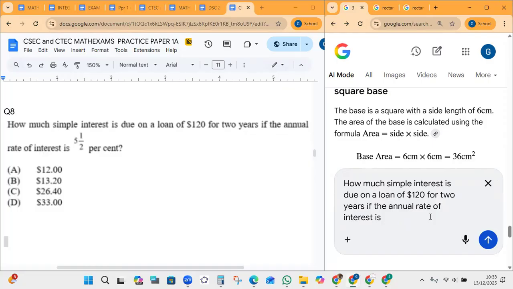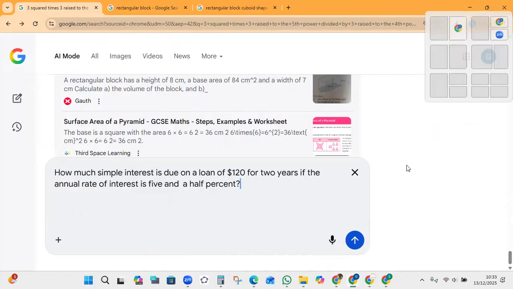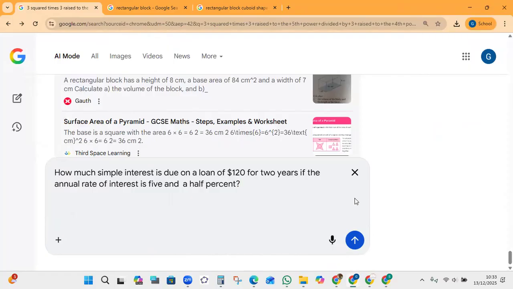So I'm going to write the word 5.5, the worded version of this symbol, 5.5%.